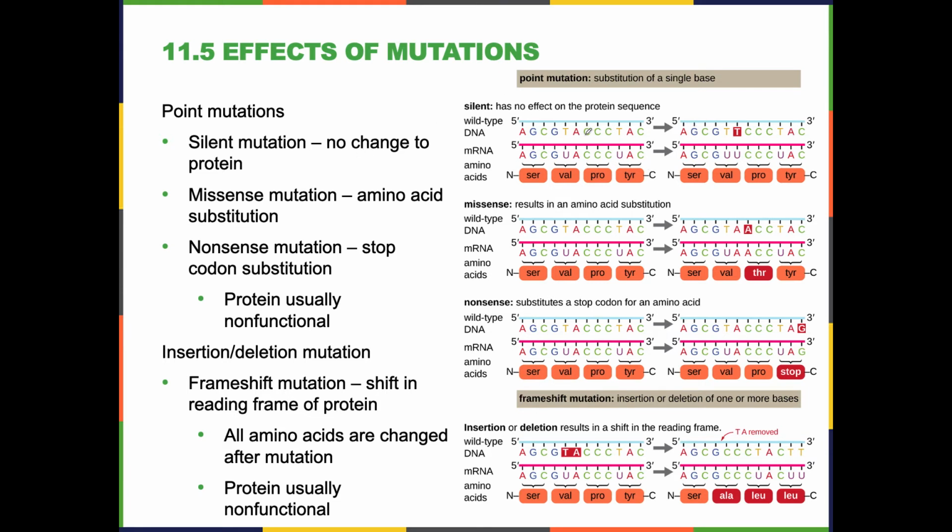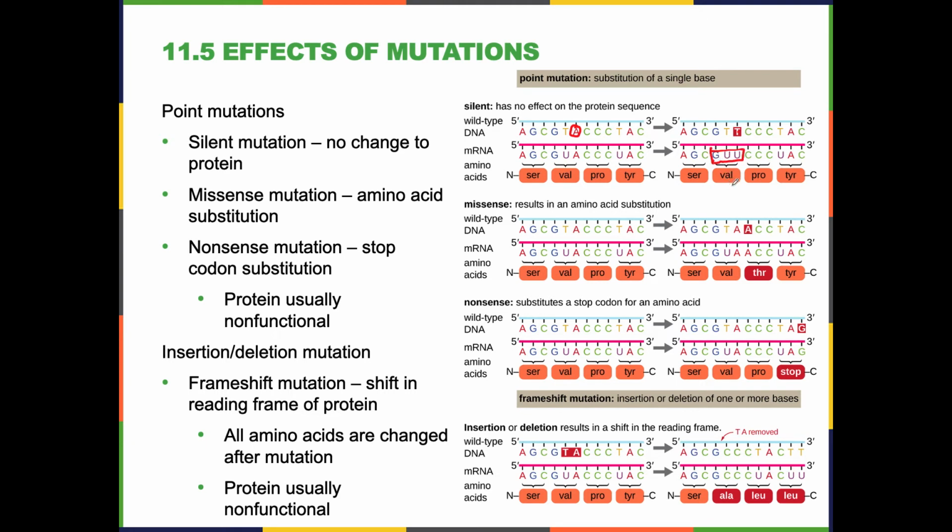Sometimes what can happen is we make a mistake in copying. Notice this A has now become a T, which means our resulting codon has changed from GUA to GUU.